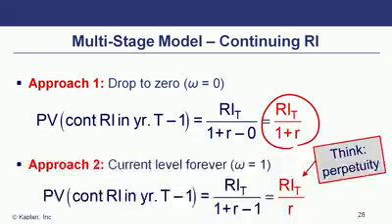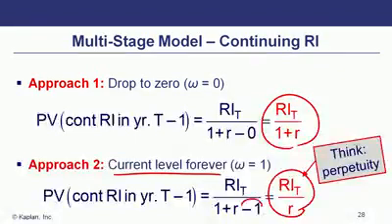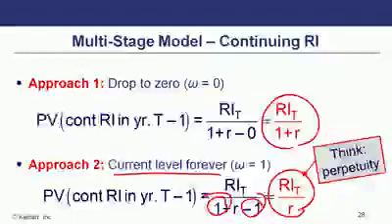Now, approach 2 uses, let's say, the current level: they're going to have continued persistence, continued residual income, and continued competitive advantage. So they will continue at that level forever. Think of a perpetuity. Notice it's 1 plus r minus 1. Essentially, it's just residual income divided by the required rate of return.